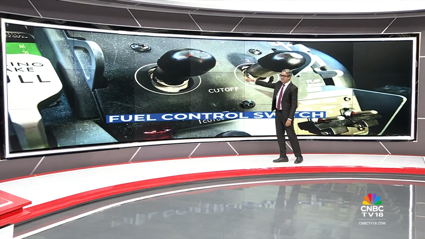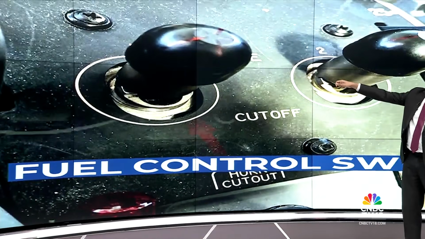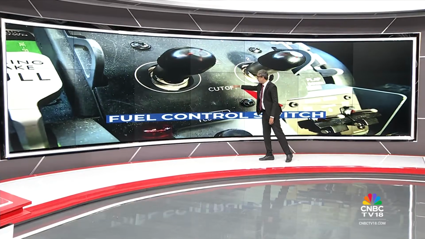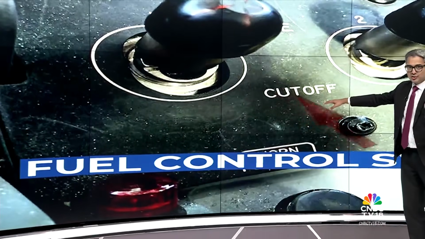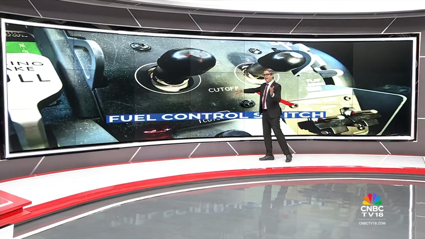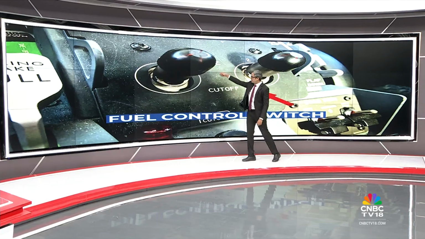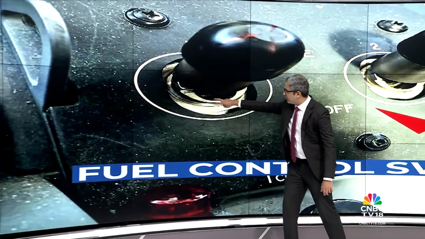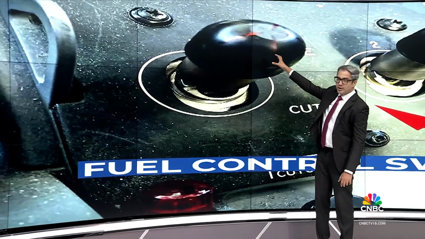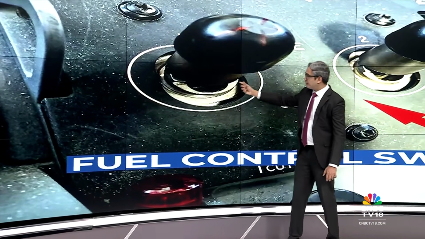There are two separate ones for both the engines. When they're placed down, they are in the cutoff position. When they're placed down, you can see cutoff written here. So if they're placed down, they're in the cutoff position, which means that it is restricting the flow of fuel from the tank into the engine. Remember, there is this sort of metal constrictor. This whole gear itself is spring-loaded. There is a spring attached to this.